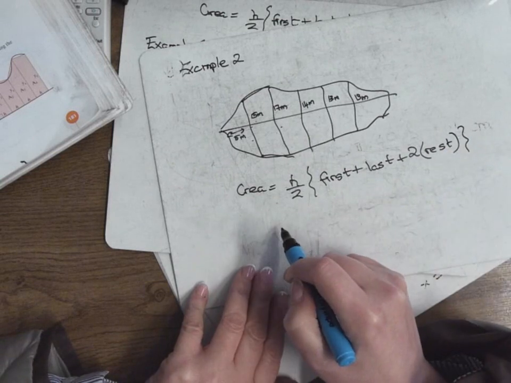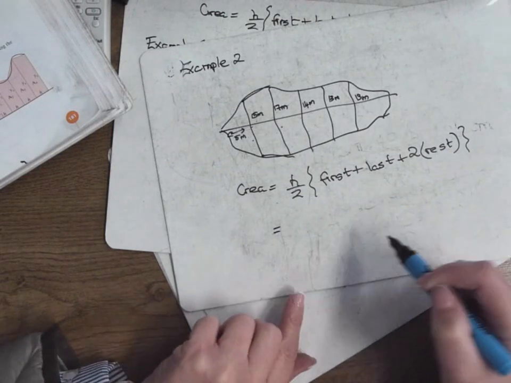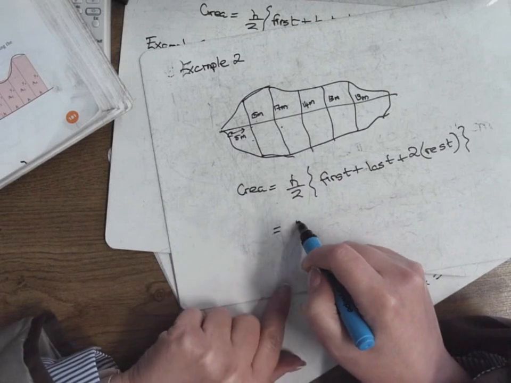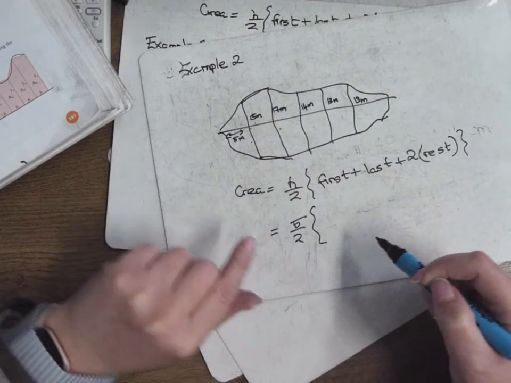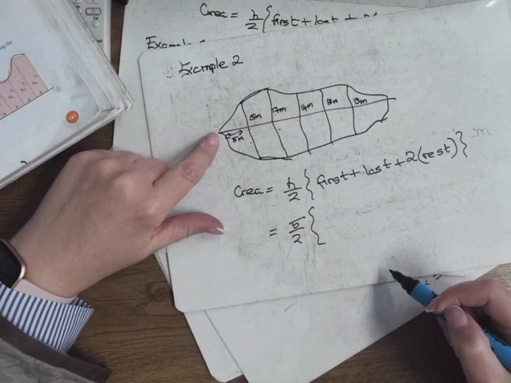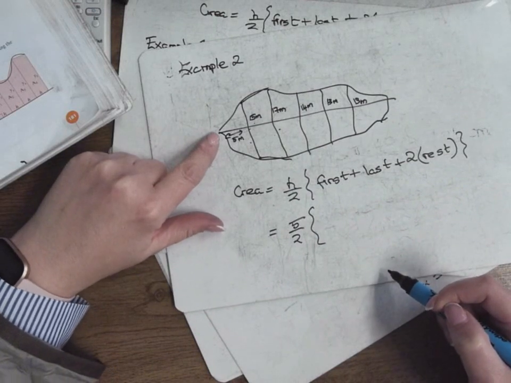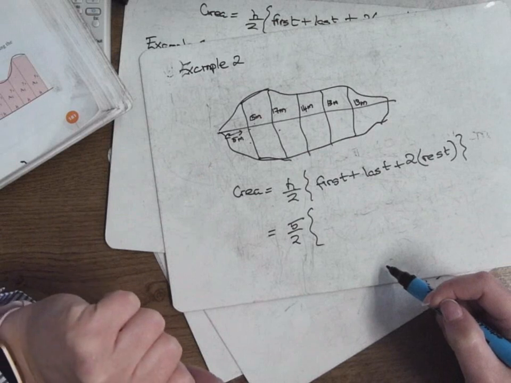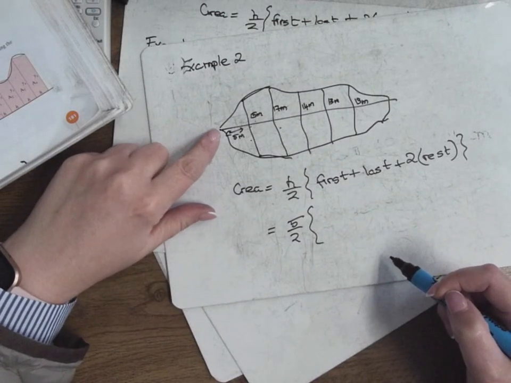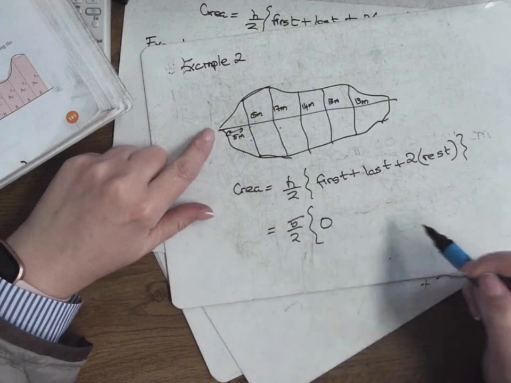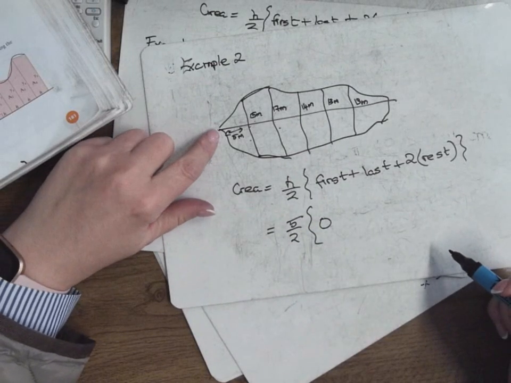Okay, so please note, girls, h over 2, h is 5, so it's 5 over 2. The first is the length of the first vertical line, and I hear you say, what vertical line? So what does the first measure? 0. Okay, there is no vertical line, so there isn't.